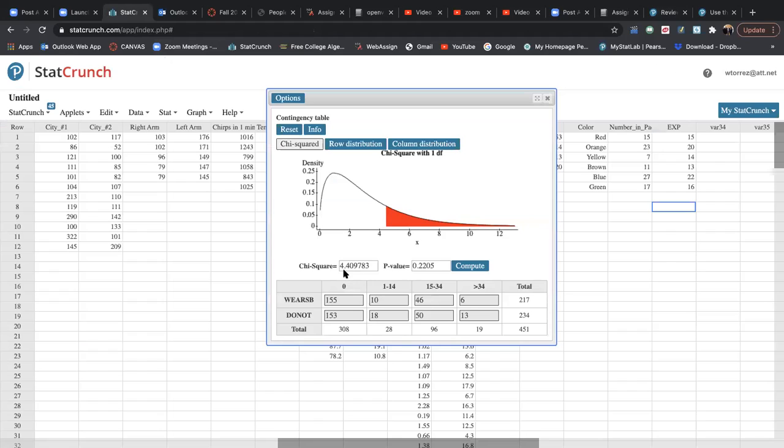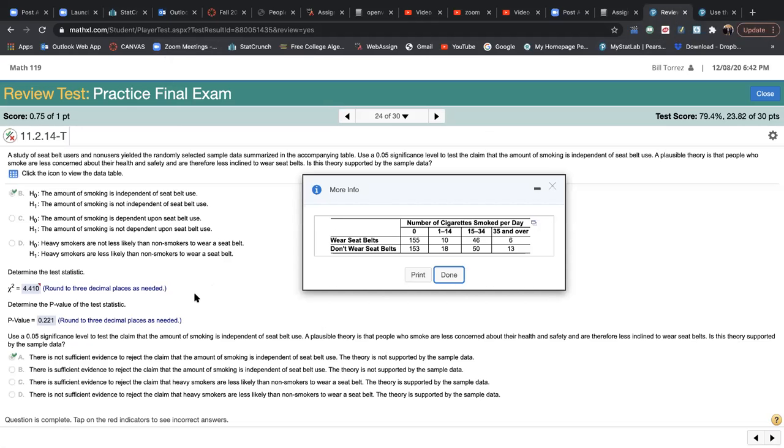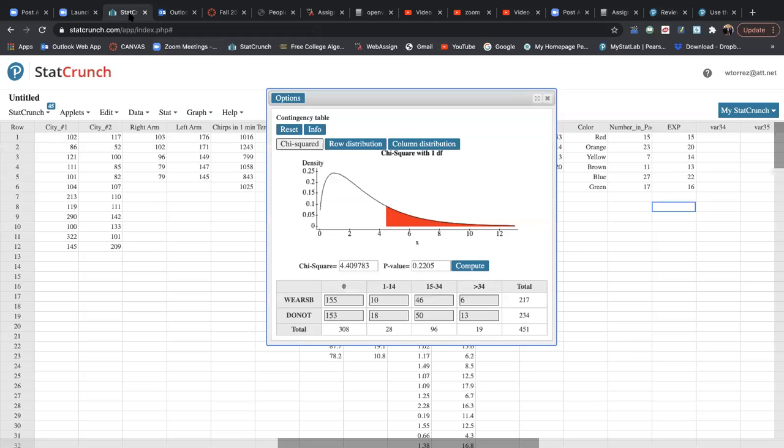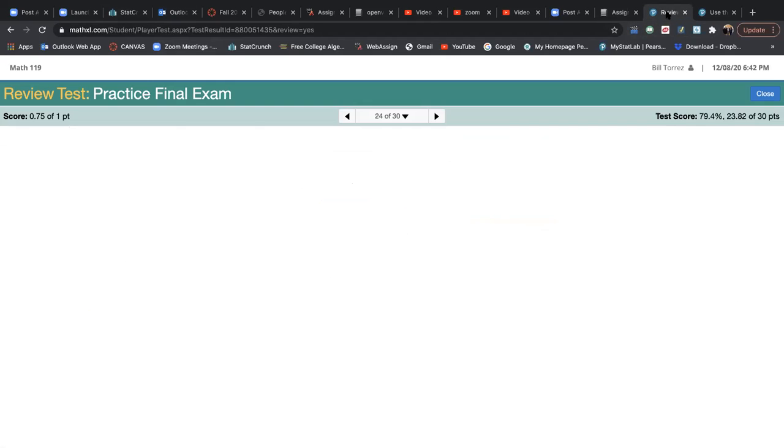We got a value of 4.4 if you round it to 1 decimal place. Rounded to 3 decimal places, we get 4.410 as our test statistic.